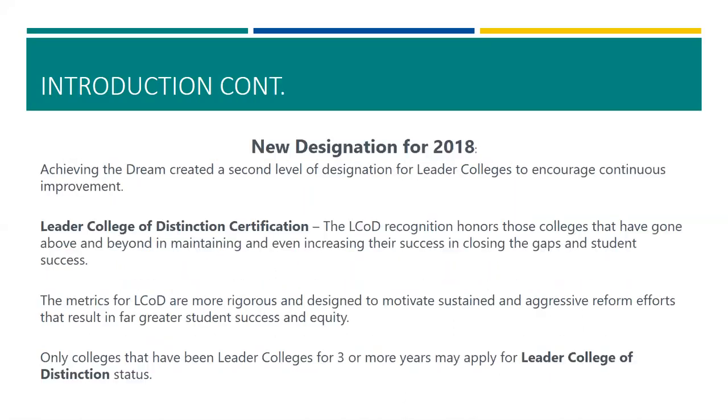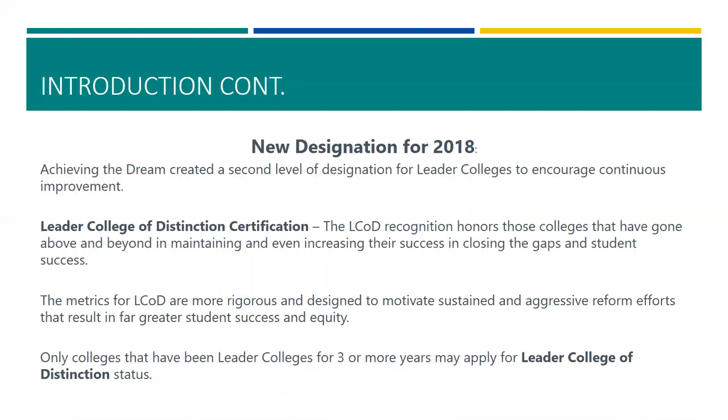Several colleges in the ATD network have successfully participated in the recertification process multiple times, and we believe that those colleges should continue to strive for higher goals. To encourage continuous improvement and recognize network colleges that have sustained and improved their reform work, Achieving the Dream is pleased to introduce a new level of designation, the Leader College of Distinction.